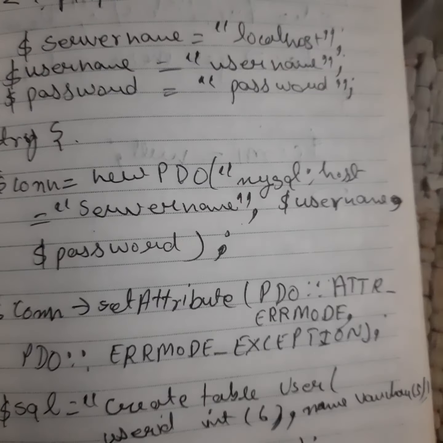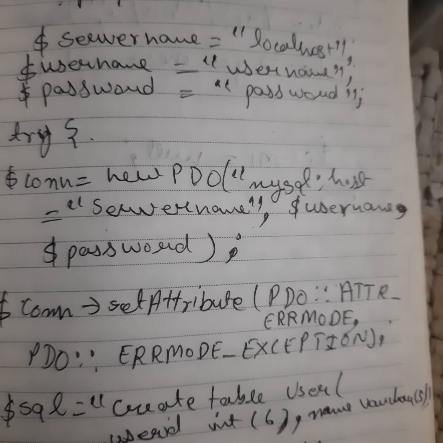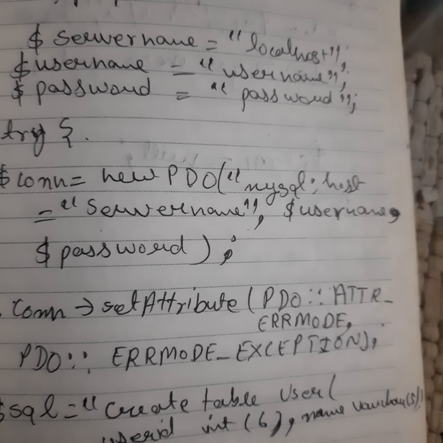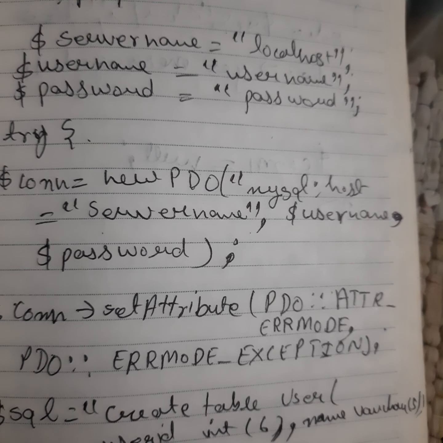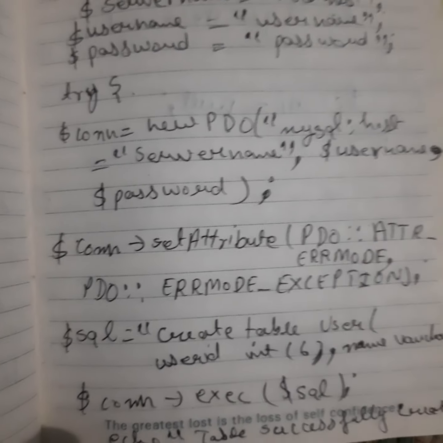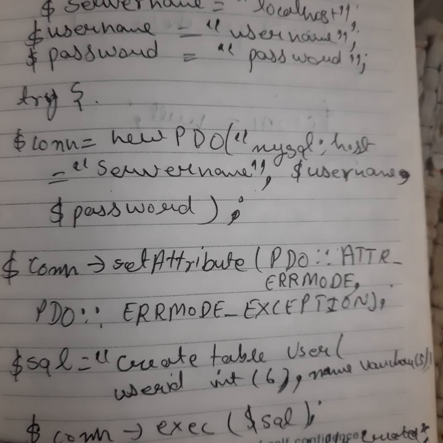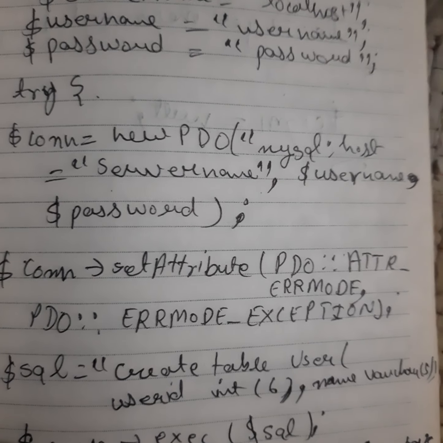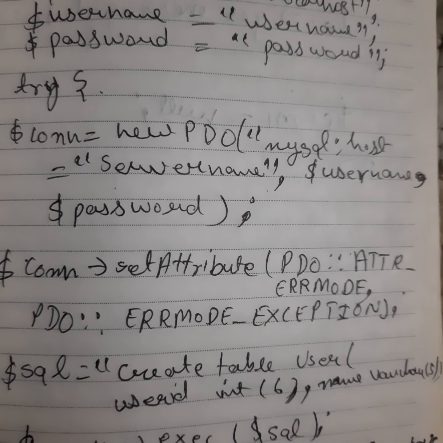We create the connection with new PDO, with mysql host equals server name, username and password. We set the attribute PDO error mode exception. If there is any error in MySQL, it will show that. Then we put the SQL query in an $sql variable.